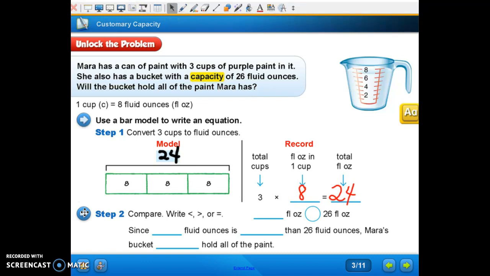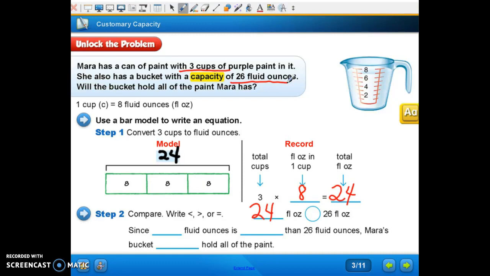Compare, write less than, greater than, or equal to. So 3 cups is 24 fluid ounces. We got that because it says Mara has a can of paint with 3 cups. She also has a bucket with 26 fluid ounces. Will the bucket hold the paint?